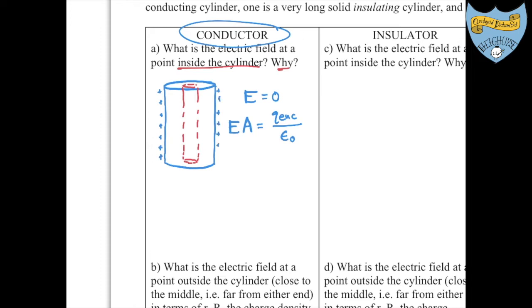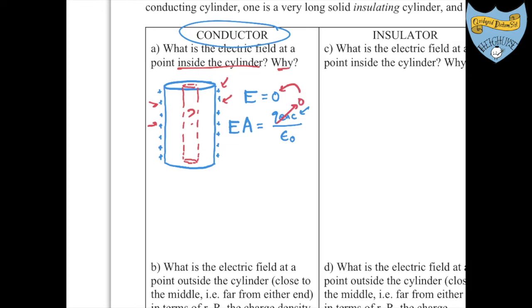Well, in Gauss's law, if Q enclosed is 0, the electric field is also going to be 0. And it is 0 because the amount of charge enclosed within my Gaussian surface is nothing. There is no charge in there because it's all out here on the surface. If it's out there on the surface, then it can't be in the Gaussian surface that I've drawn inside of the object. There is no charge in there. Therefore, the electric field has to be 0.